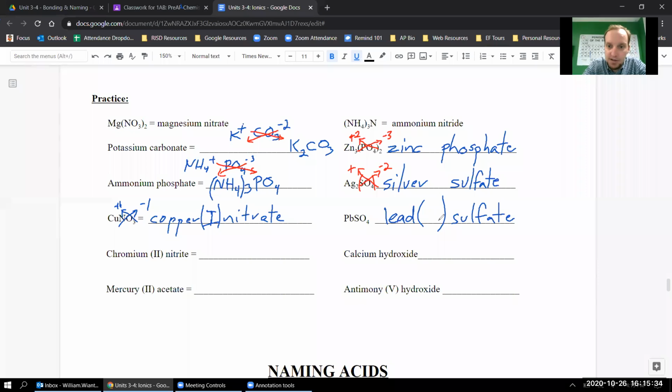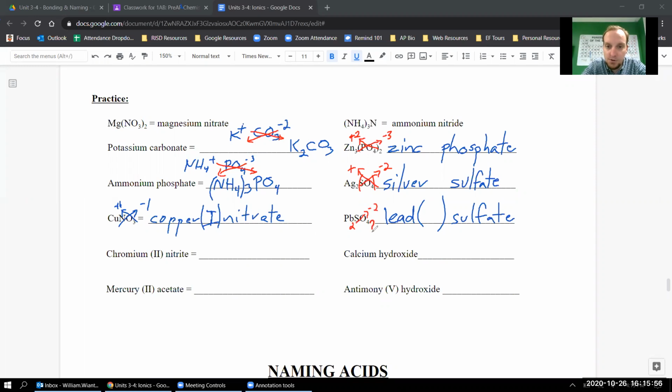Interesting. So if it's a -2, what I should see is a 2 right there, because the charge of sulfate is -2.